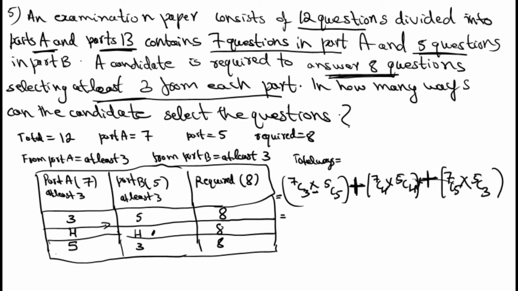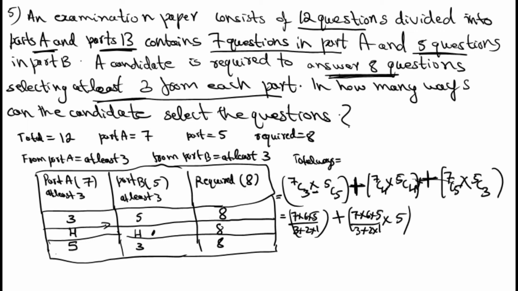7C3 means 7 into 6 into 5 by 3 into 2 into 1. Plus then see 7C4 equal to 7C3, right? It's equal to 7 into 6 into 5 by 3 into 2 into 1. And here 5C4 is equal to 5C1, its value is 5.